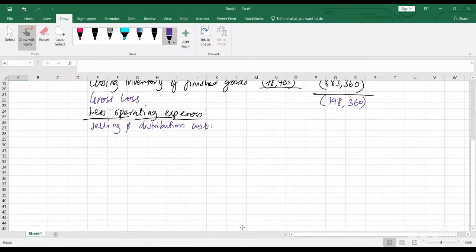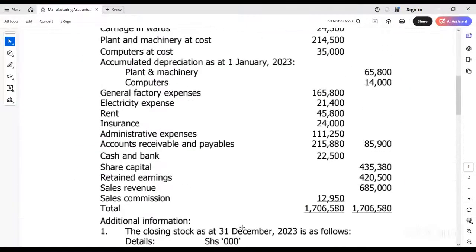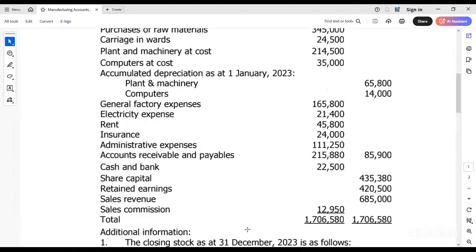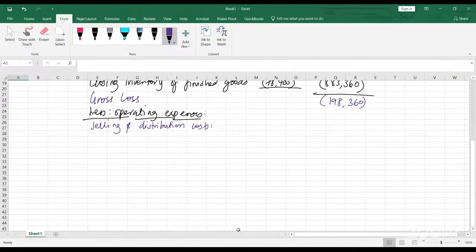Under selling and distribution, I see we have sales commission, which is 12,950, and this sales commission has no adjustment, so we can just bring it the way it is. As you can see from your trial balance, we have 12,950.